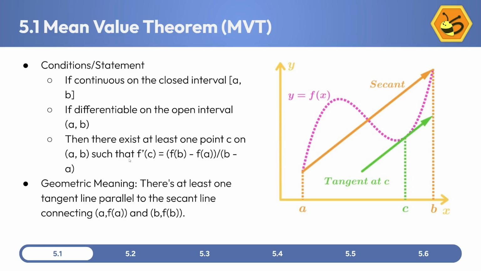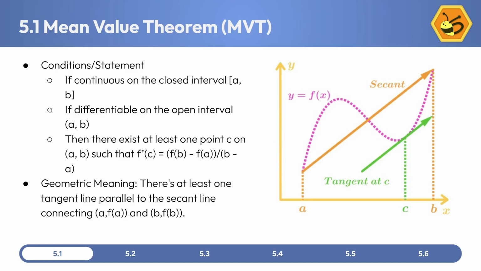Just looking at the equation, it might be a bit confusing, but thinking of it in different contexts will help us understand it better. f prime of c is our derivative, and remember derivatives are instantaneous rates of change. So our instantaneous rate of change is equal to this expression, and recall this expression is our average value expression. It's the average rate of change of the function f from a to b.